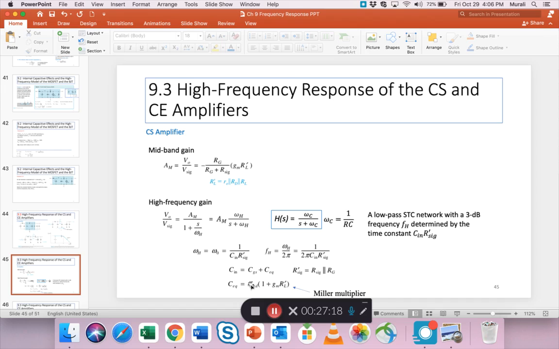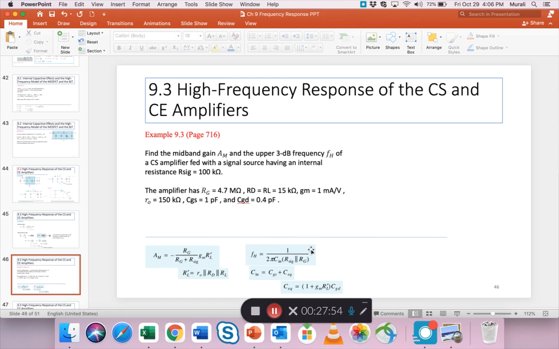And then there is this C equivalent, which uses the Miller multiplier to complete the formula. And remember, on the high frequency side, these are low pass filters. That means frequencies lower than the cutoff frequency are allowed. Frequencies higher than the cutoff frequency get cut off.